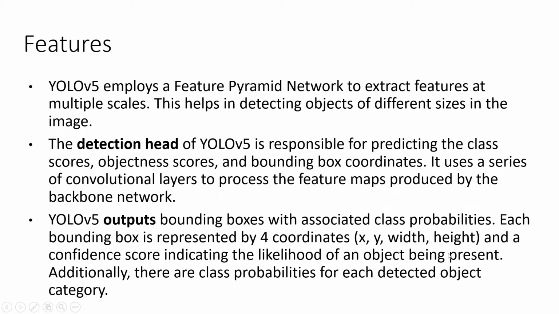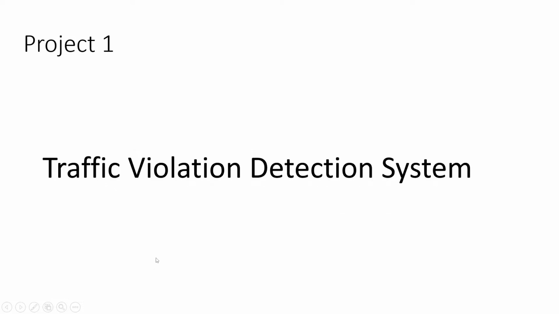The confidence score could be from 0 to 1, so 1 being 100% confident, 0 being 0% confident. Then additionally, there are class probabilities for each detected object category. Then there is a class probability other than the object confidence score.